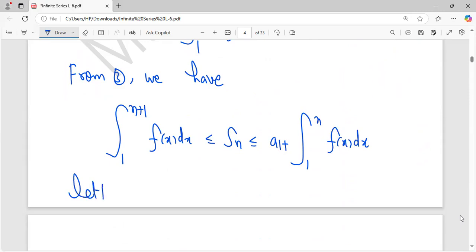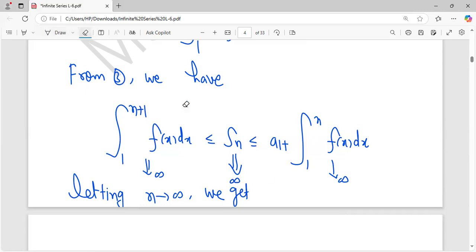Now letting n tend to infinity, because this part is going to infinity and this part is going to infinity, after adding it will also cancel. So this will tend to infinity.